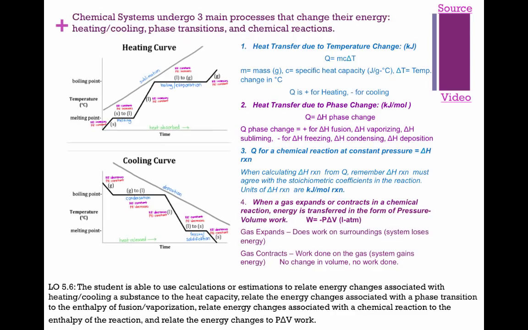So then your systems can really undergo three main processes. It can heat or cool, it can undergo a phase change, or you can have a chemical reaction.